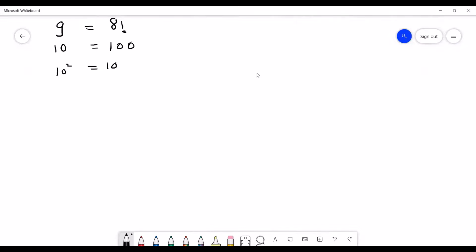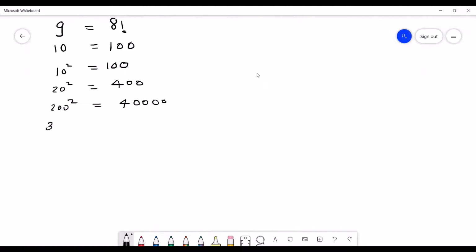Square of 10 is 100. What is the square of 20? This is 400. What is the square of 200? This is 4, means 40,000 is the square of 200.